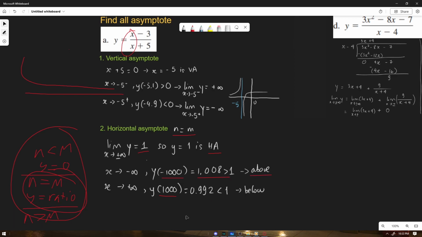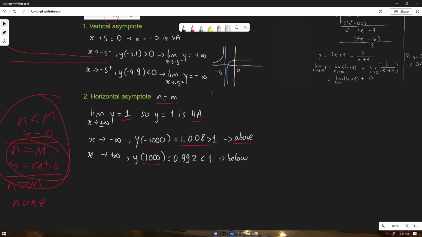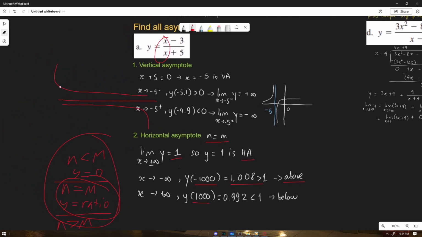But if it's below, like here, where you sub in 1,000 and it's actually getting smaller than 1, then it's below, so it's going to be like this. It's not accurate, I'm just showing that it's either above or below. It could be like this, either way. Just imagine this as a horizontal line and the curve is above or below. That's all we need to know.